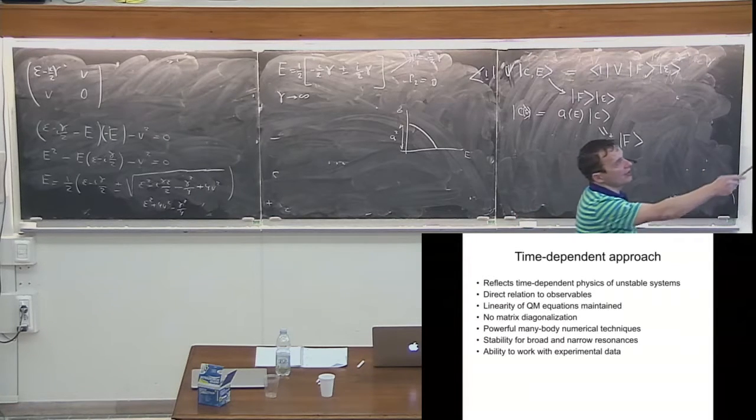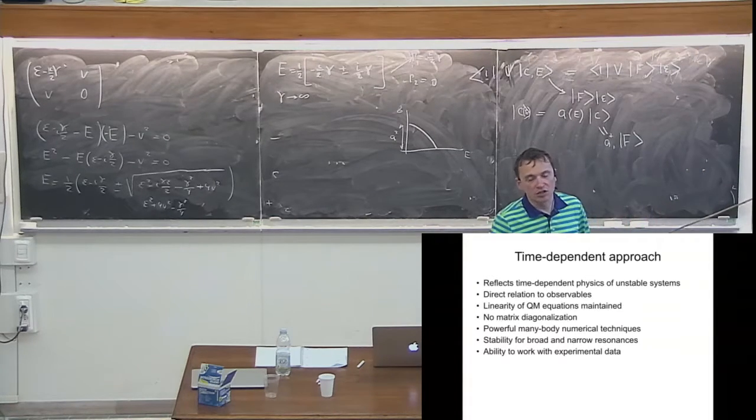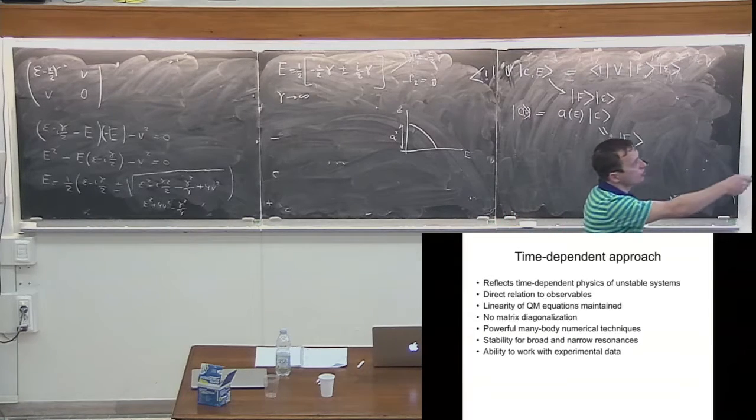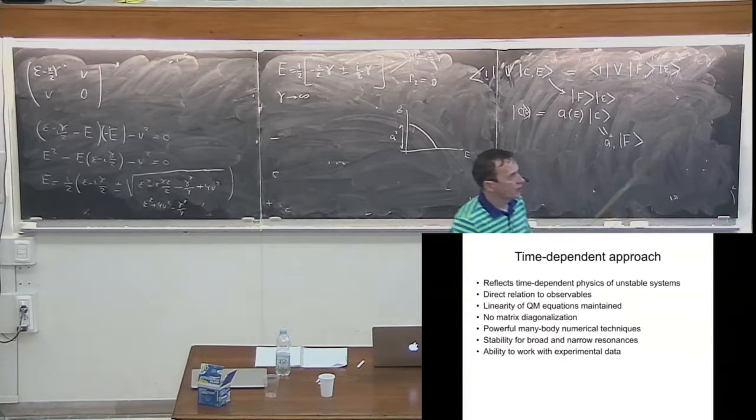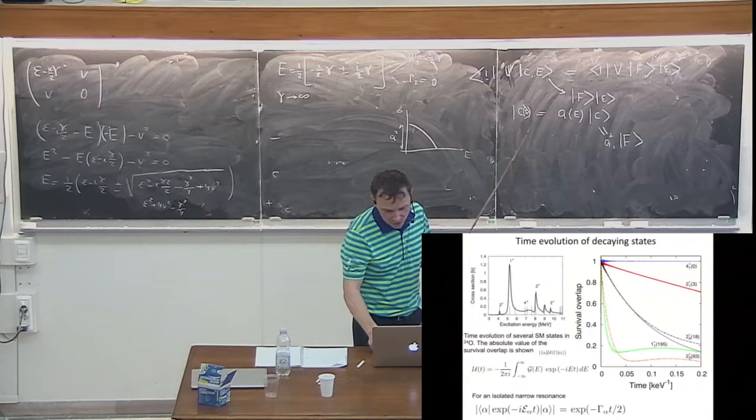Then there is also linearity. As I mentioned, you can avoid solving the non-Hermitian eigenvalue problem in the time-dependent approach, which is related to the absence of diagonalization. But let me demonstrate the rest of the argument.